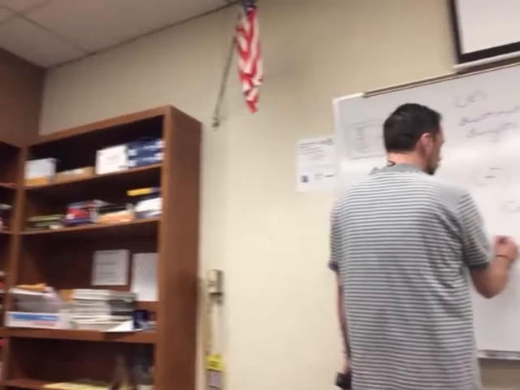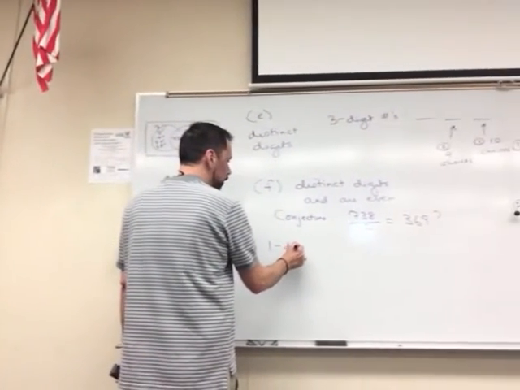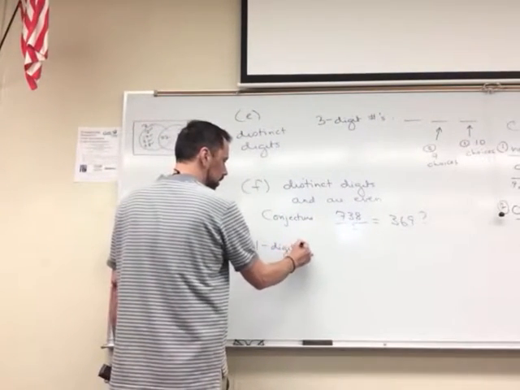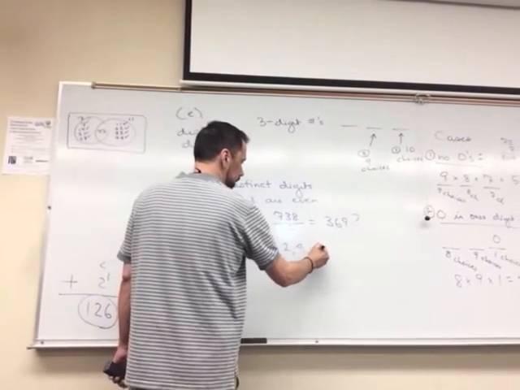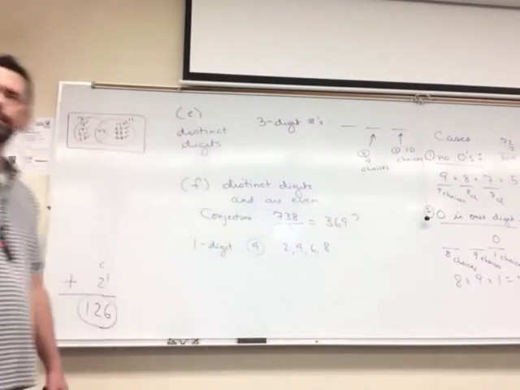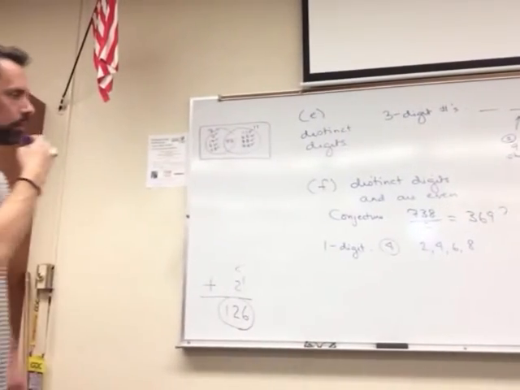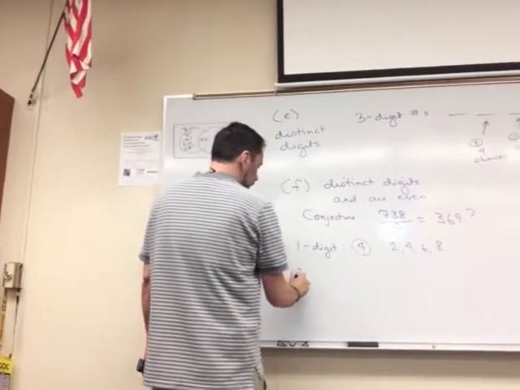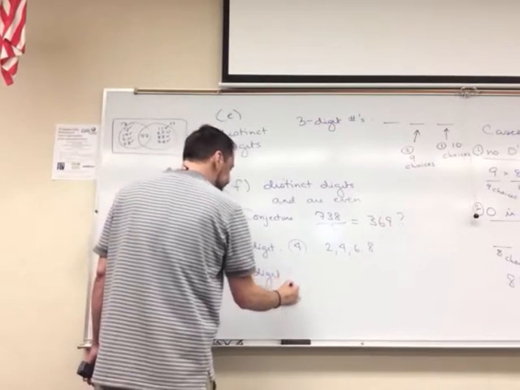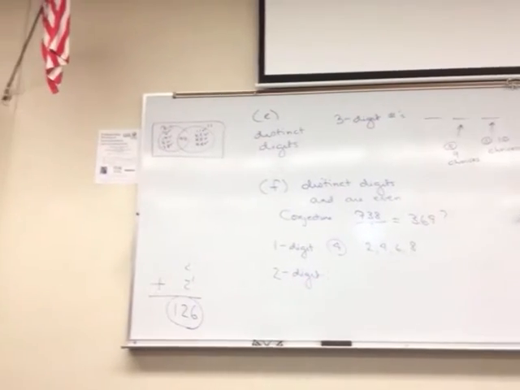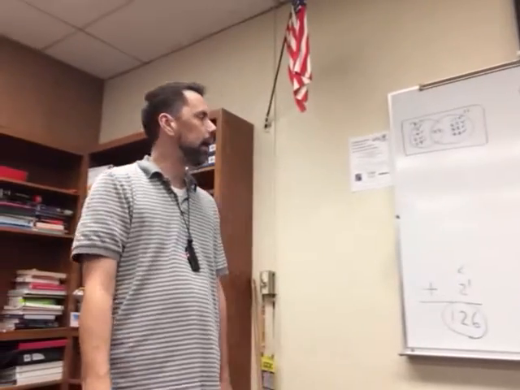Well, let's see. Let's start with the easy ones this time. One-digit numbers, there are 4. Right? 2, 4, 6, and 8. I think maybe for these, this is where you do have to break it down into cases now.